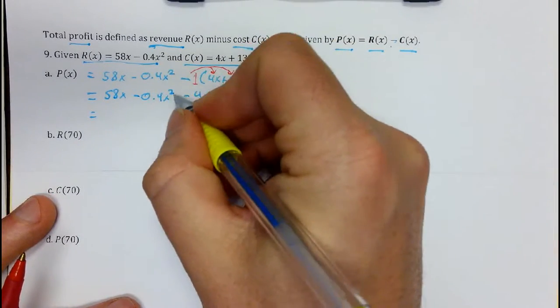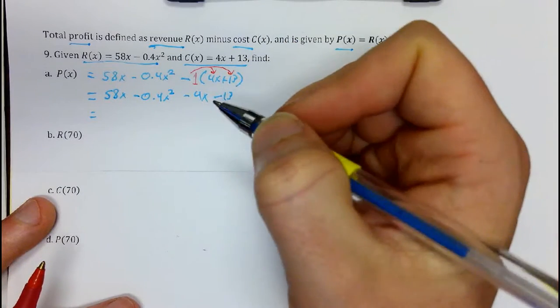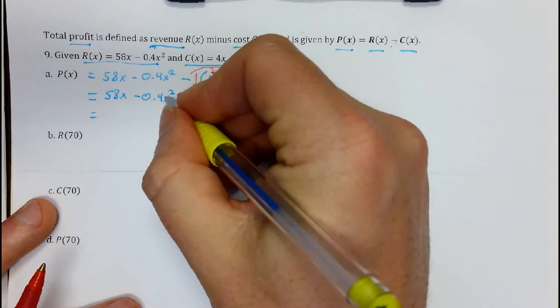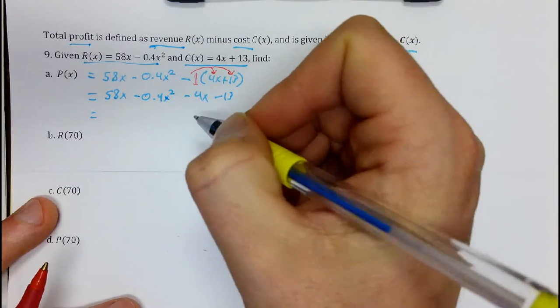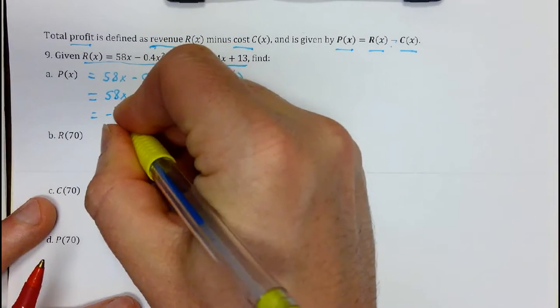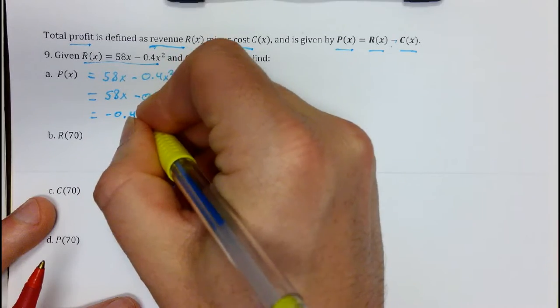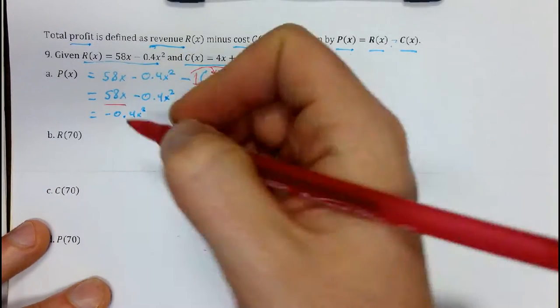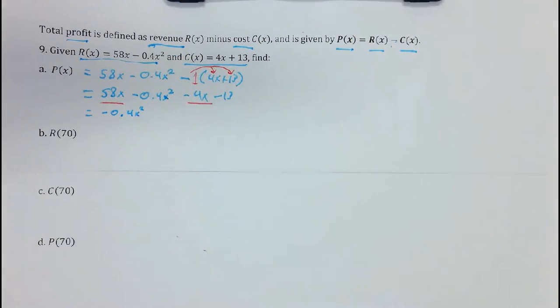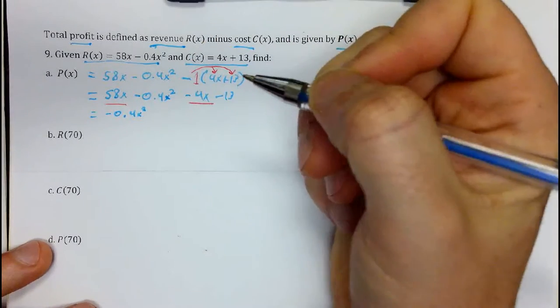Alright, so I'm going to start with my highest degree, degree 2, or the term with an exponent of 2. I only have one of those terms, so I'll go ahead and carry that down, so minus 0.4x squared. Next up, I want to go to my degree 1. So these are the terms with x raised to the first power, or just x.